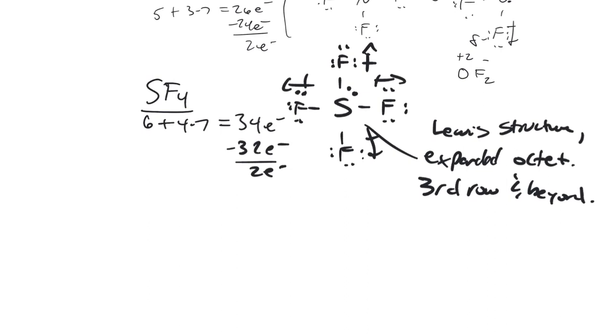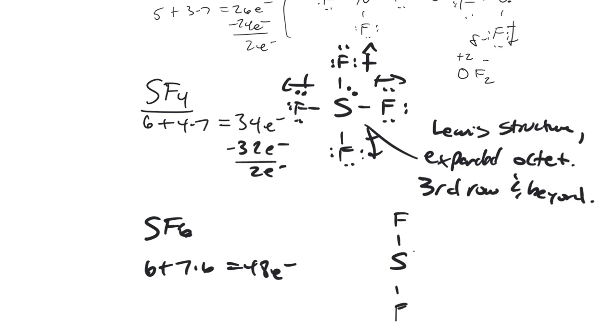We'll see that also for SF6, which of course has to expand its octet in its Lewis structure. So we have 6 plus 7 times 6 for 48 electrons. And so this molecule here will have 6 fluorines attached. This is actually kind of what the molecule looks like. We'll see this is what we call an octahedral geometry in the next unit. But this is kind of what SF6 looks like, at least within its Lewis structure.